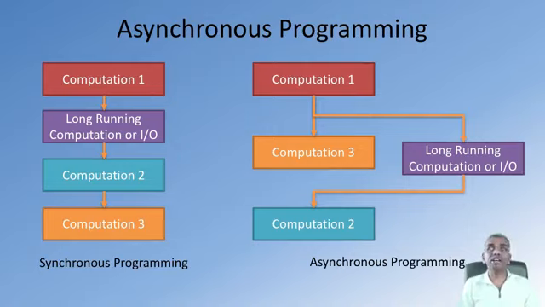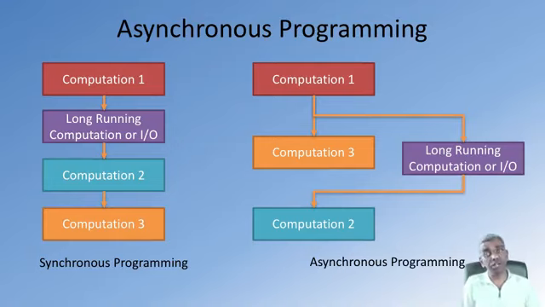Now, this frees up computation 3 to continue right after computation 1 finishes. So this way of arranging ensures that computation 3 will finish much faster than being stuck behind the long-running computation and computation 2.